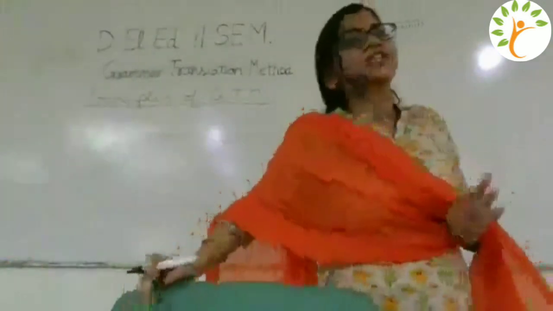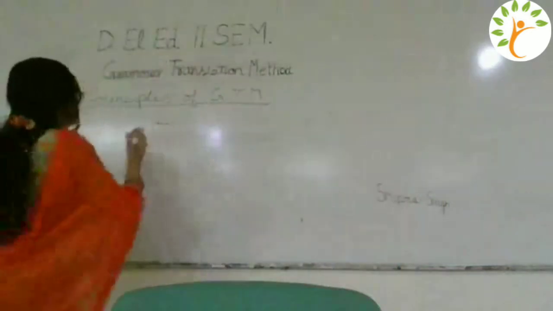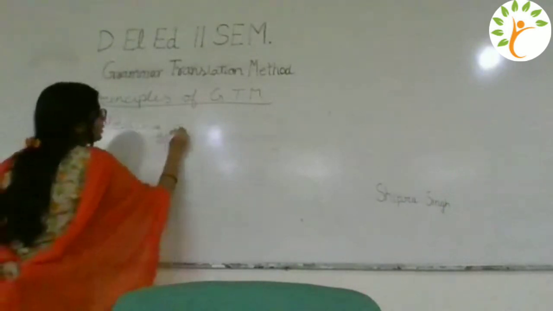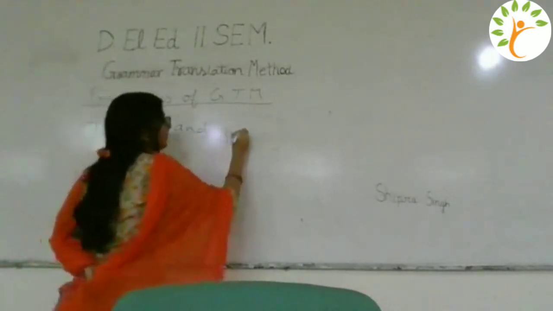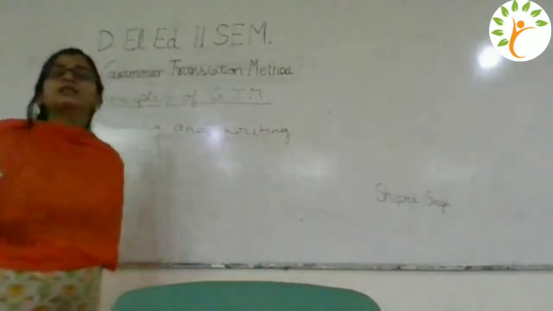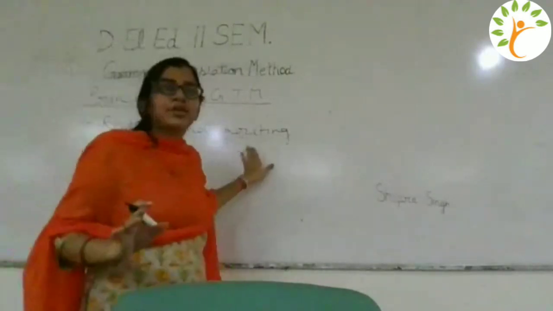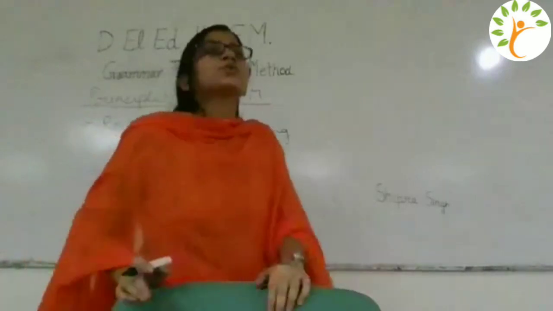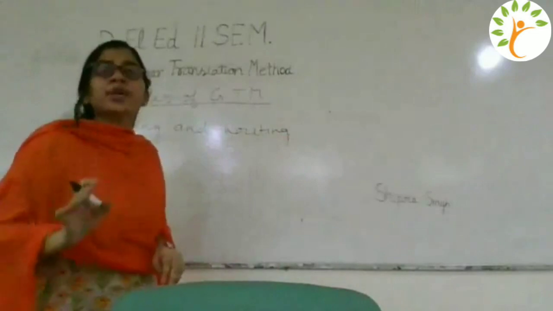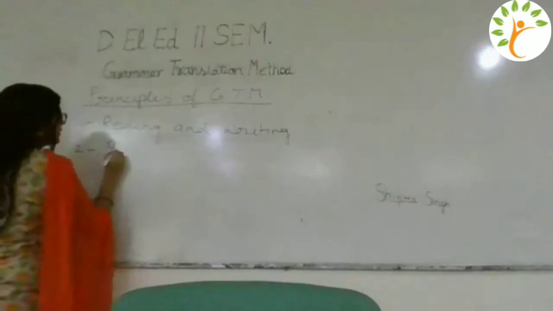So the first principle of grammar translation method is reading and writing. Grammar translation method gives much emphasis to the reading and writing aspects of language. It does not give much importance to listening and speaking skills, but reading and writing skills are emphasized in grammar translation method. Second, basic unit.